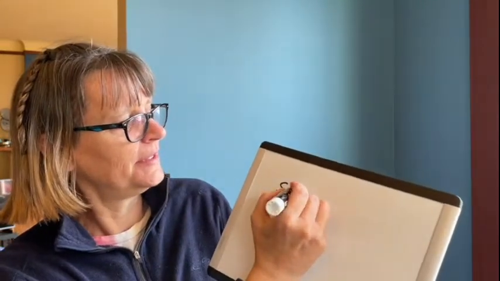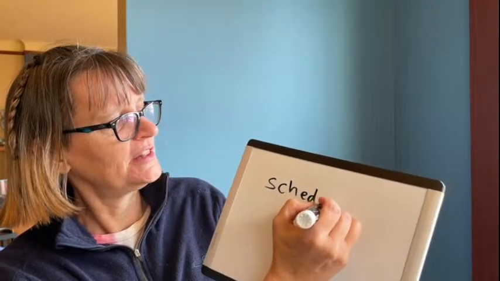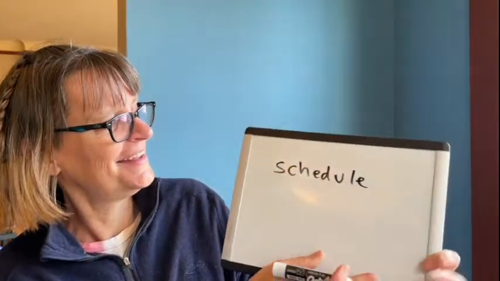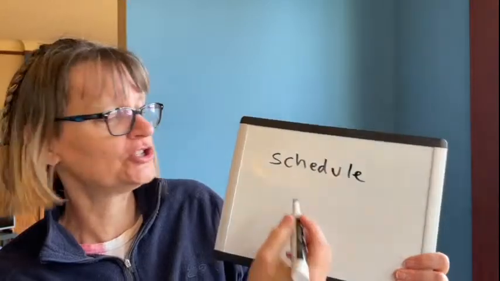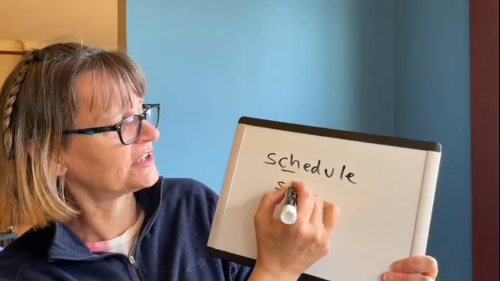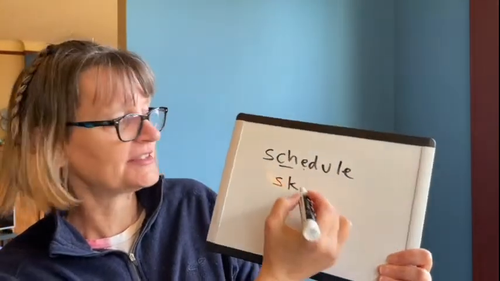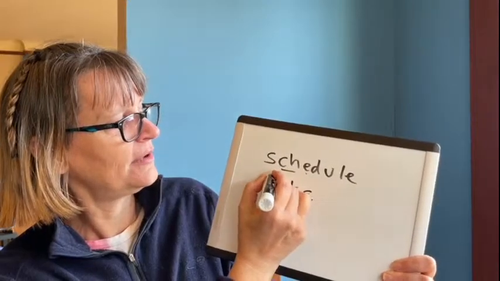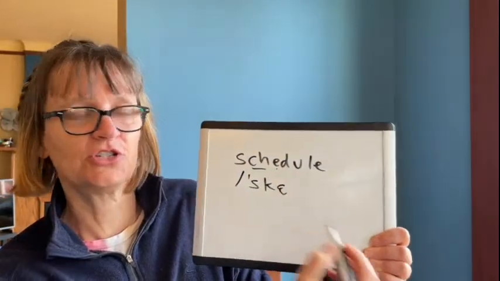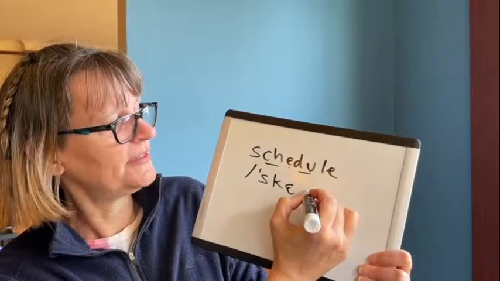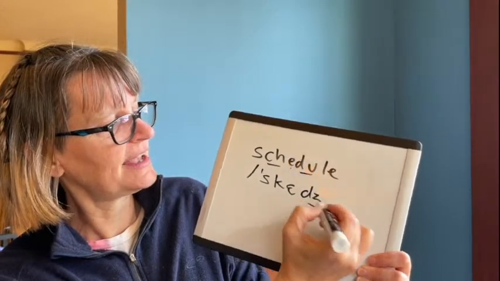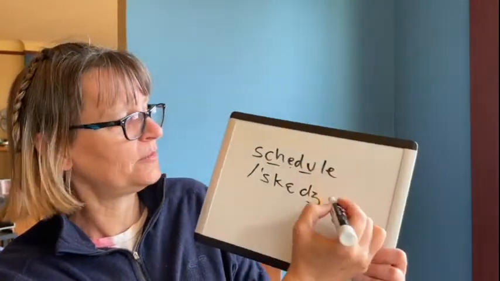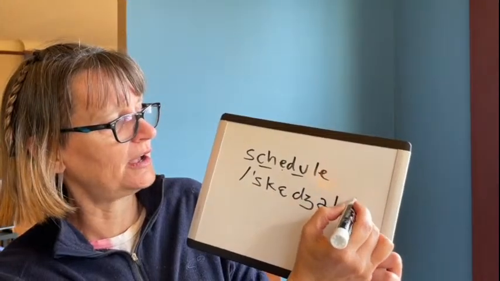Okay, we have a question about schedule. So British English, schedule. American English, schedule. The CH says a k sound. Letter E says the red tent vowel. We have first syllable stress, schedule. DU in this word says a j sound, schedule, and then we have a schwa, unstressed schwa, and our L sound.